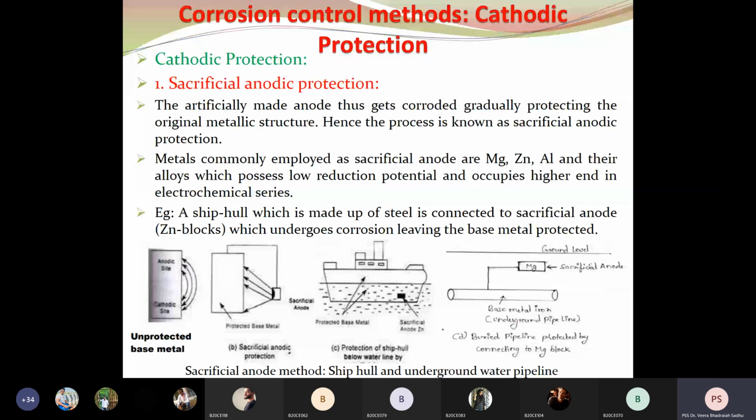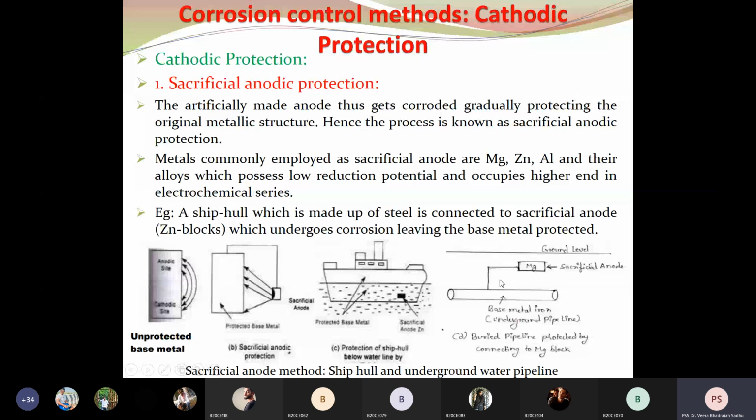If some oxidizing agents or corrosive environment occurs near the pipeline, then the corrosion is transferred to magnesium. So magnesium sacrifices, it is consumed, and it protects the iron pipe.